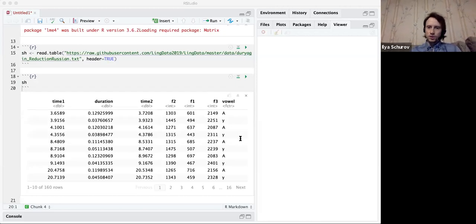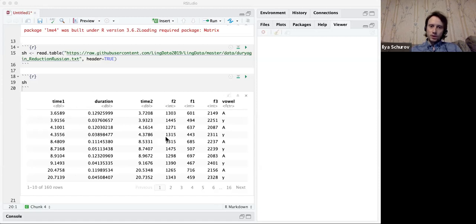This data set is related to an experiment on perception of vowel reduction in the Russian language. And we have two reaction times, duration of the vowel, and type of the vowel. And we have classification for vowels under stress, in the first syllable before the stressed one, and in the second syllable before the stressed one, after the stressed syllable.